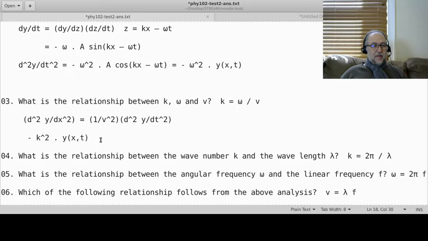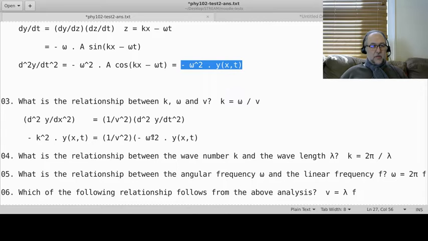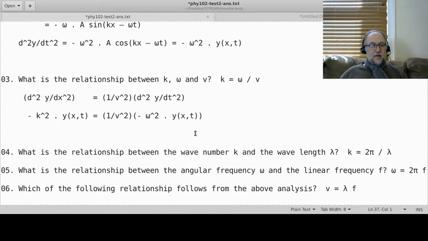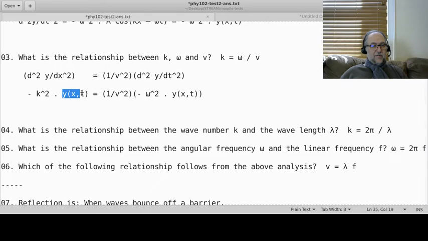So there's your left-hand side of the equation. The right-hand side of the equation has this 1 over v squared, and for this part, we have this: minus omega squared times the function. Now you can simply notice that the function is there on both sides. Here's the function, and there's the function.